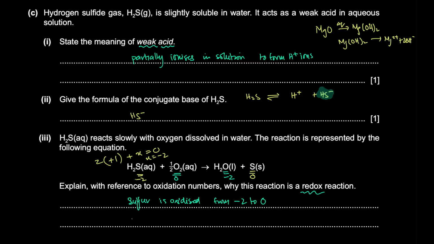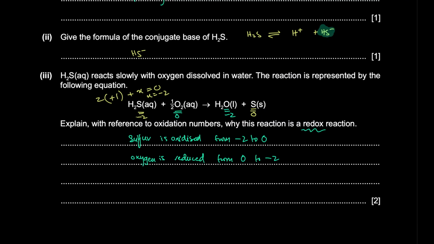So we can say that oxygen is reduced from 0 to -2. So sulfur over here is oxidized from -2 to 0. In other words, hydrogen sulfide is the reducing agent. It's undergoing oxidation. And oxygen is reduced from 0 to -2. In other words, it's the oxidizing agent in this reaction.